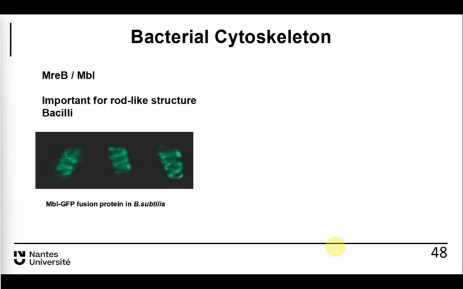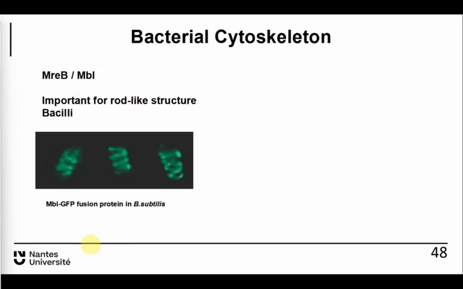And that's not true because there are bacterial homologs of the two main cytoskeletal proteins, actin and tubulin. So MreB and Mbl proteins, MreB is in gram negatives and Mbl is the equivalent in gram positives. They are structural homologs of actin. And like actin, they can form filaments.